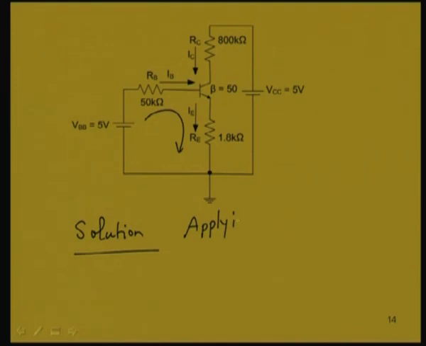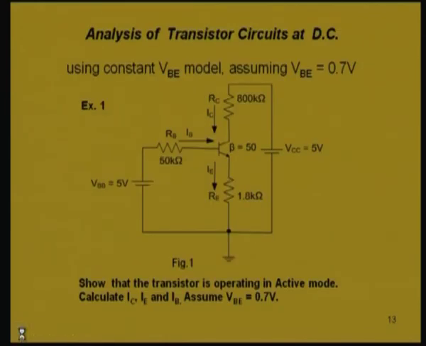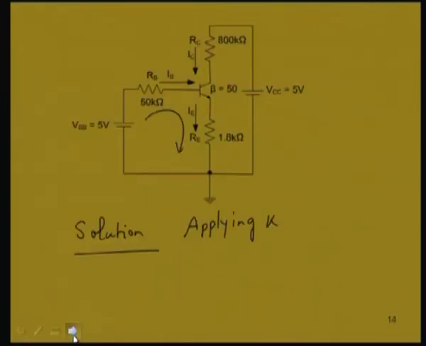One important factor we must know for solving this circuit is beta, which is given as 50 in the example.